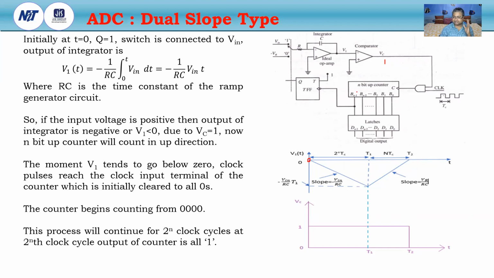So the counter will start counting from 0, 0, 0, 0 up to 1, 1, 1, 1. This process will continue for 2 to the power of n clock cycles. At the 2 to the power of n clock cycle, the output of the counter is the final count, that is all 1s.